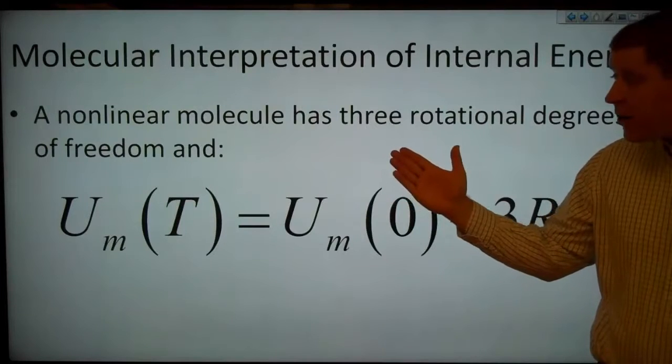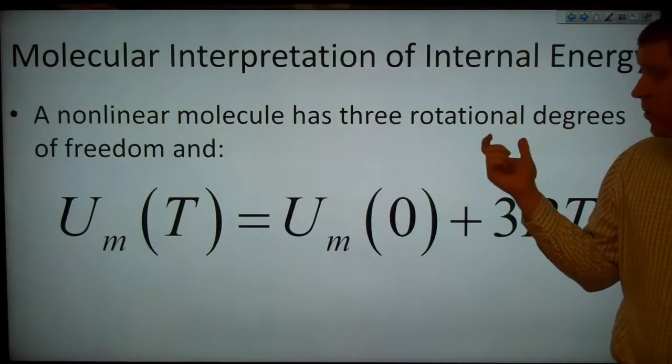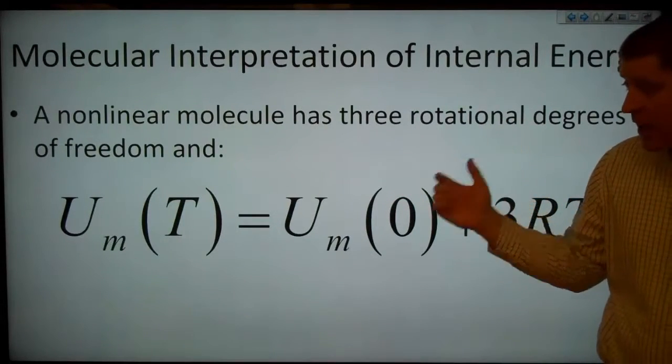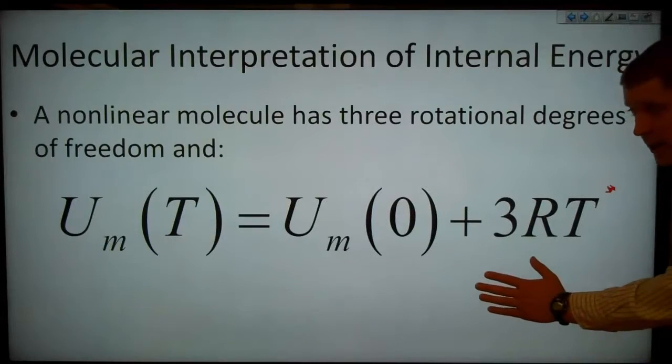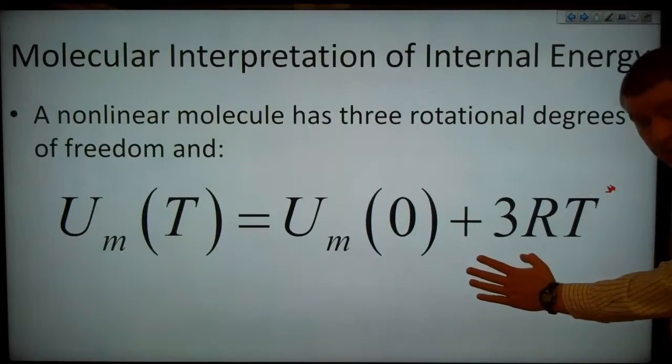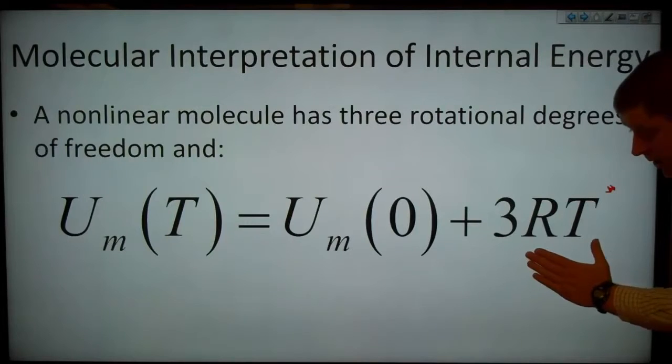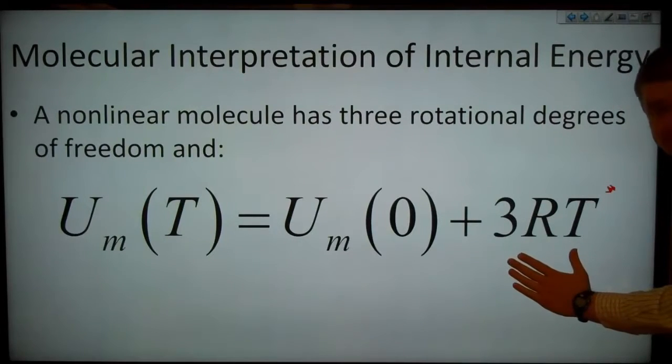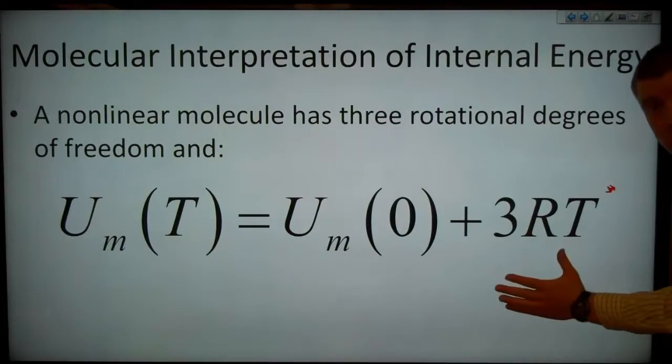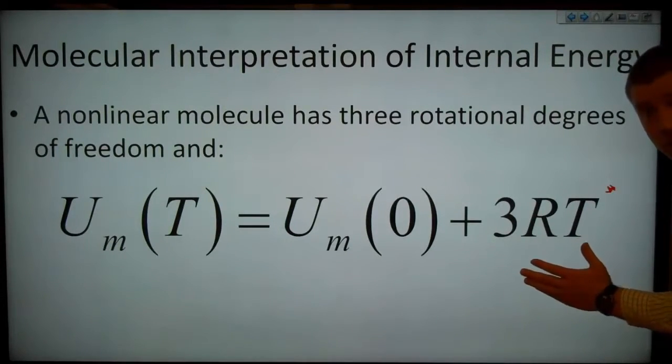Now, if we have a nonlinear molecule with 3 rotational degrees of freedom, then the molar internal energy at temperature T is equal to the molar internal energy at absolute 0 plus 3 times R times T. So 6/2 times RT. 3/2 RT are coming from the translational degrees of freedom, and 3/2 RT are now coming from our rotational degrees of freedom.